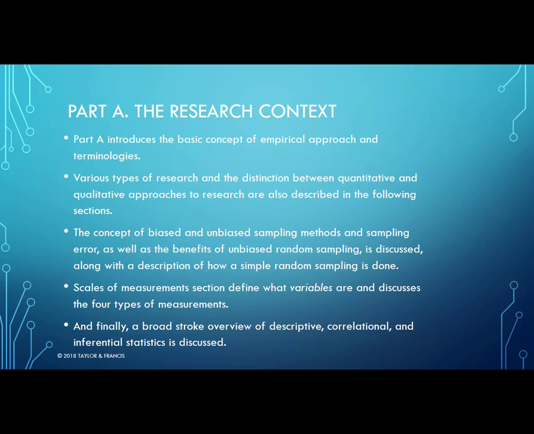The concept of biased and unbiased sampling methods, sampling error, the benefits of unbiased random sampling, along with simple random sampling. The scales of measurement, the 4 different types, and what variables are. And finally, we're going to look at the broad overview of descriptive, correlational, and inferential statistics.